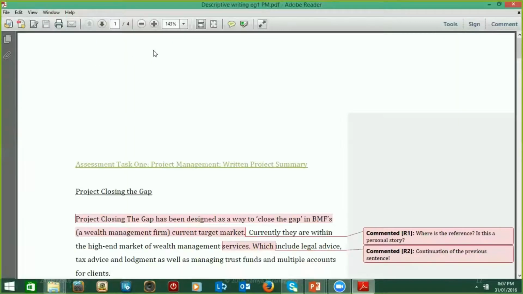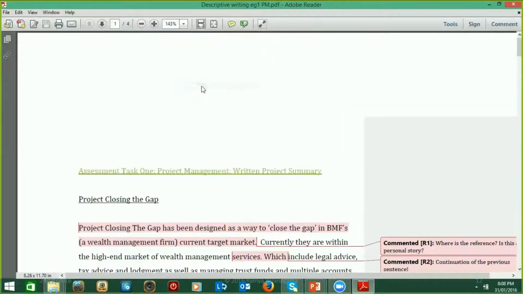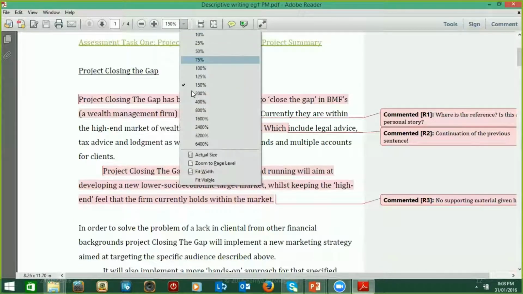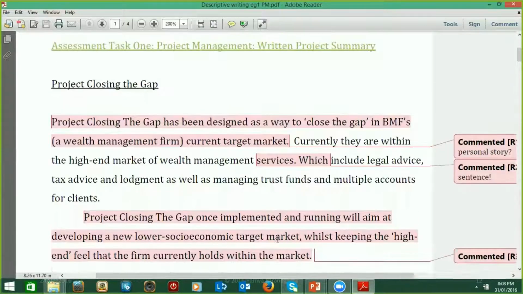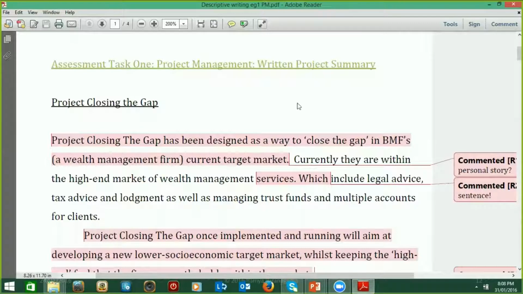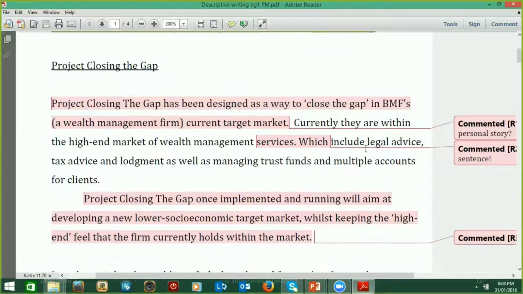Right? So this example 1, when we read it, you can find here, it's a project management assignment. It's writing about the project Closing the Gap. Let's do the first sentence. Project Closing the Gap has been designed, blah, blah, blah.